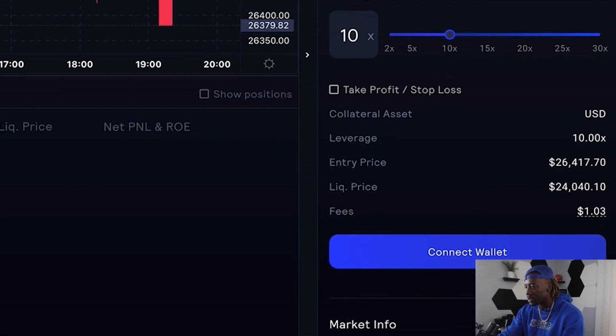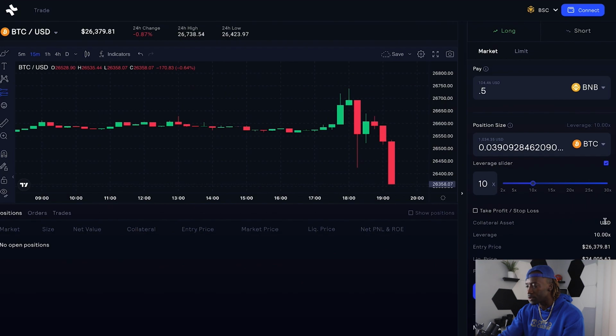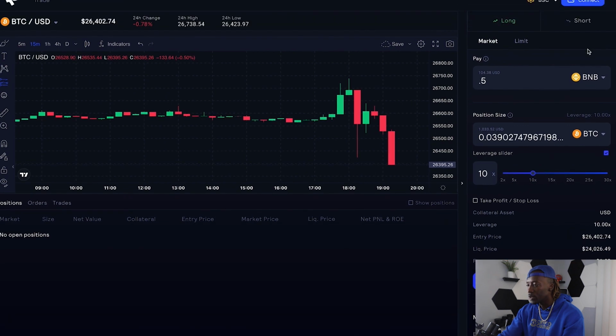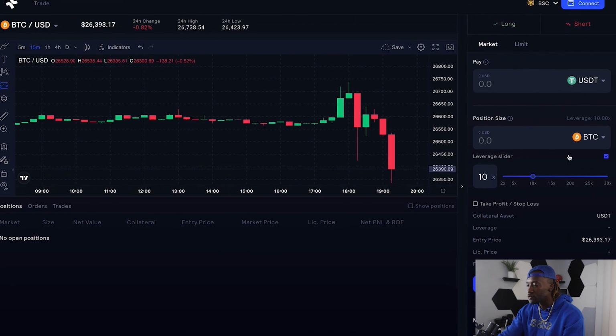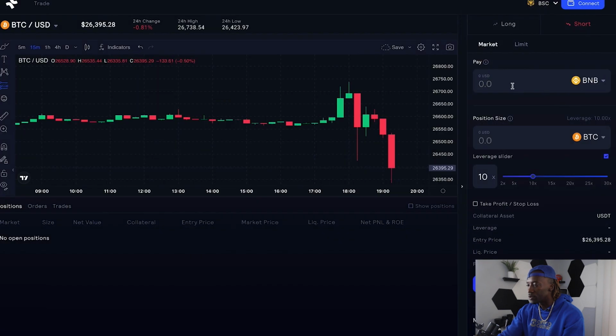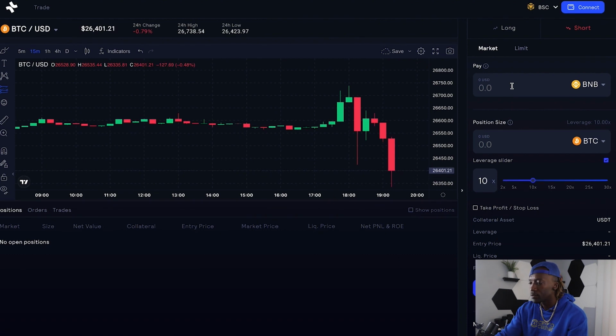And what that means is that since you're in a long position, if Bitcoin was to drop to 24,000, then you would get liquidated. And quite the opposite, if we chose a short position and we decided we wanted to use BNB 0.5, which is roughly $104.